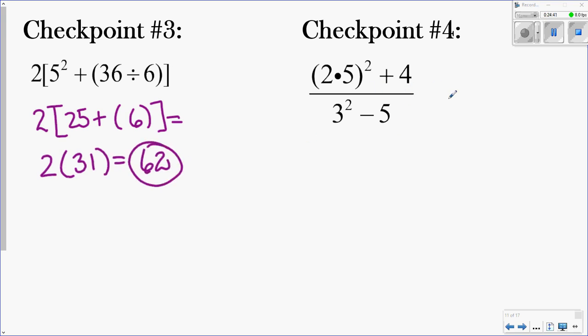Okay, so the next one, grouping. So these you can also do in the calculator, but it's how you place your parentheses. If you do not do it correctly, you're not going to get the right answer. In this case, I'm just doing it mentally.